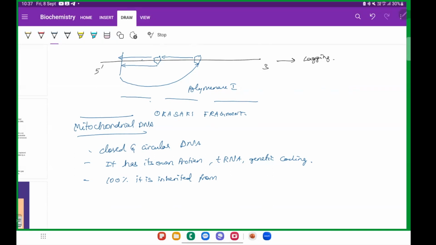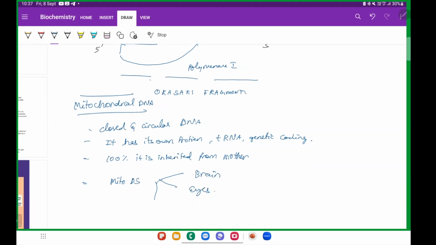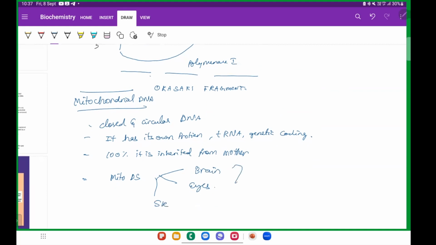Okay, so it is inherited from the mother, and because of that you have the mitochondrial diseases. What are the mitochondrial diseases? You have your brain, your eyes, your skeletal system affected. Okay, this is called Oxford disease.